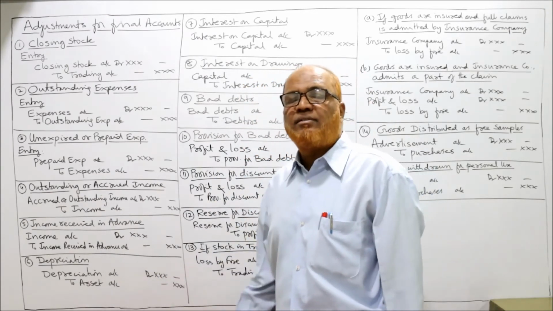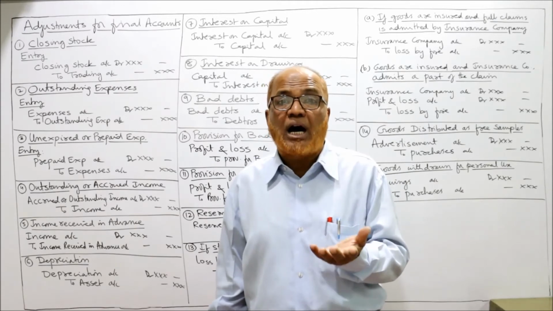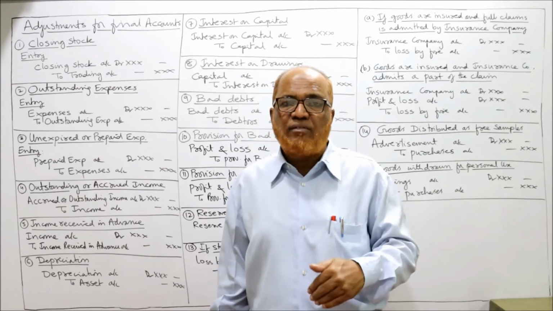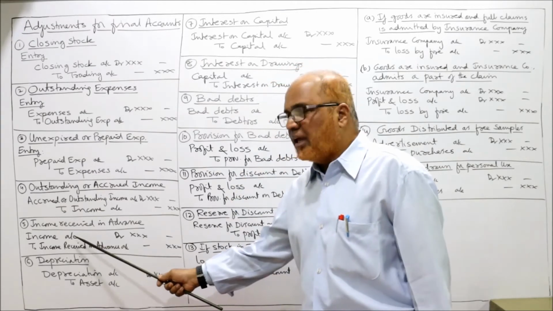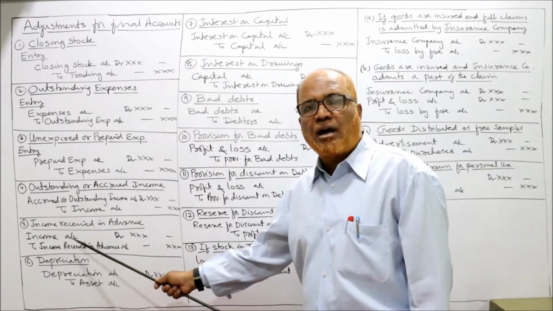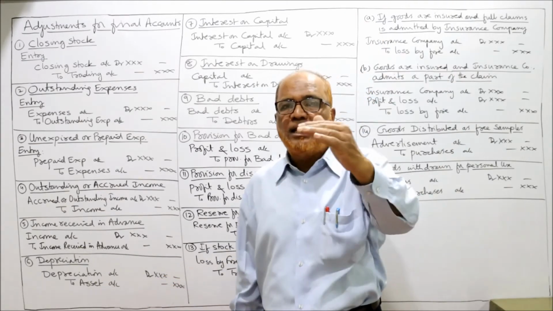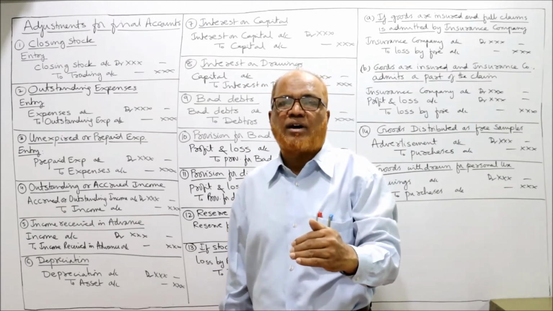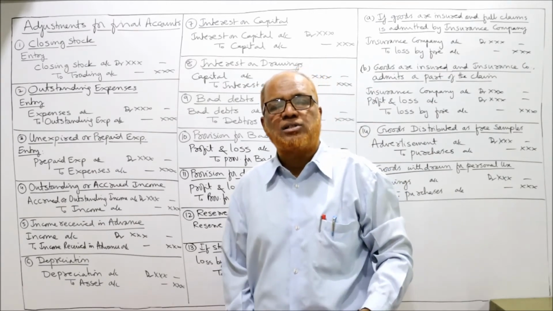Next, income received in advance. That means income has been received but not earned. We have received the income in advance. So the entry will be income account debit to income received in advance. What is the effect of this one? Deduct the income received in advance from income on the credit side of the profit and loss account.